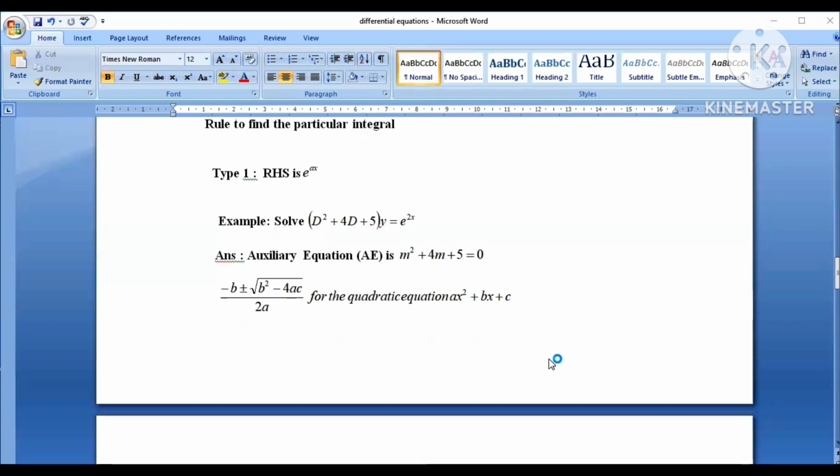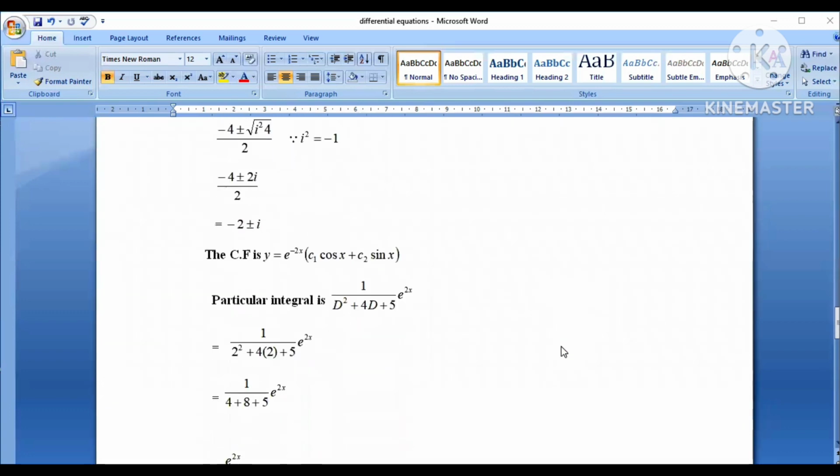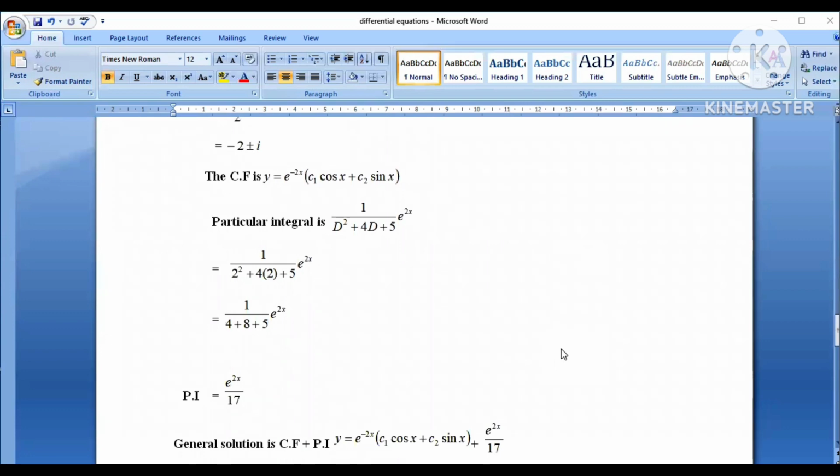Then the particular integral. Why are we finding the particular integral here? Because the right hand side is exponential. If the right hand side is trigonometry or polynomial, we would also find it. So here is the right hand side value. So particular integral is 1 divided by d square plus 4d plus 5 into e power 2x.